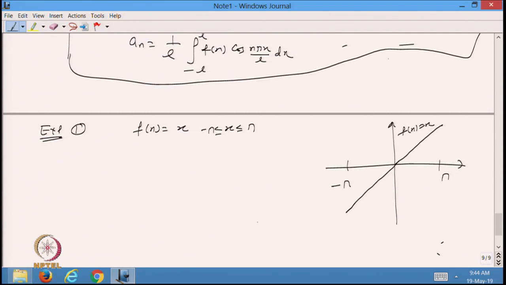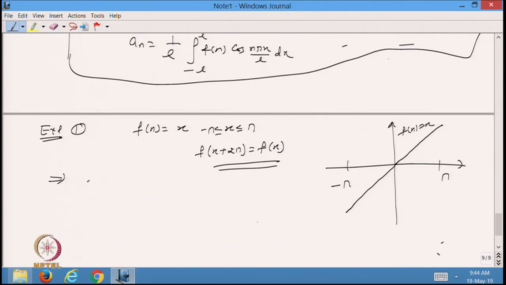So, to make it periodic, I apply the condition that f(x plus 2 pi) is equal to f(x). I have to put this condition. Based on this condition, now I can say that this function f(x) is a periodic function having the period 2 pi. So, if the function has the period 2 pi, then I want to find the Fourier series for this function.